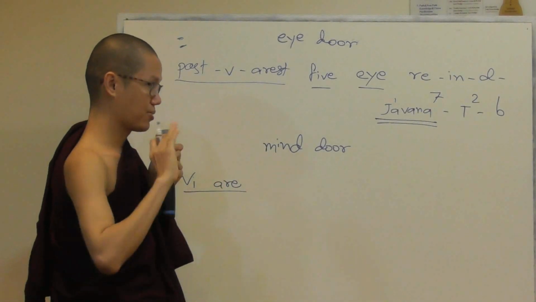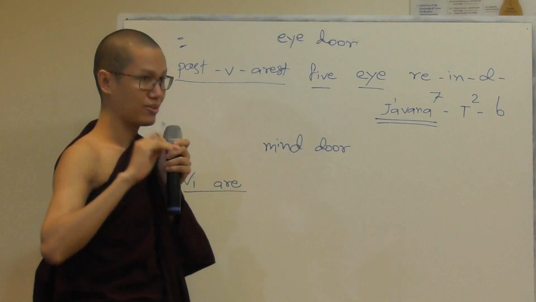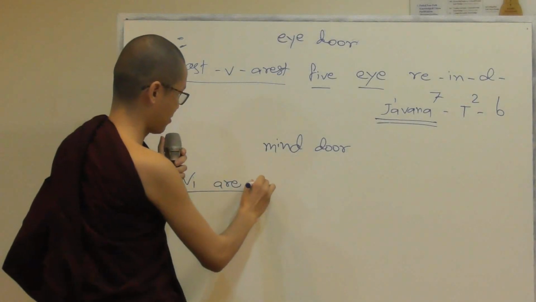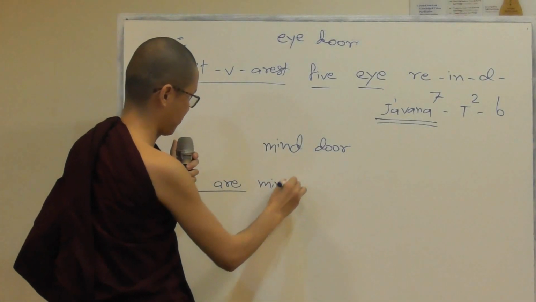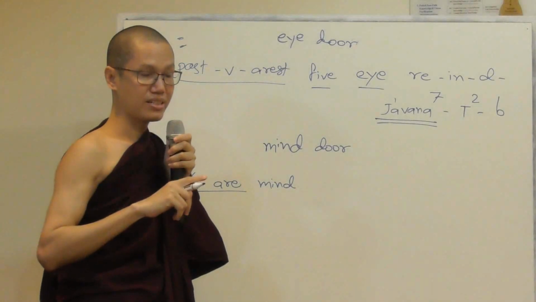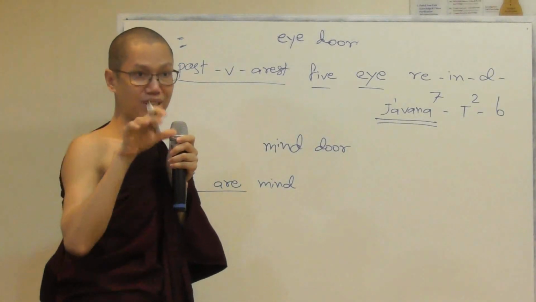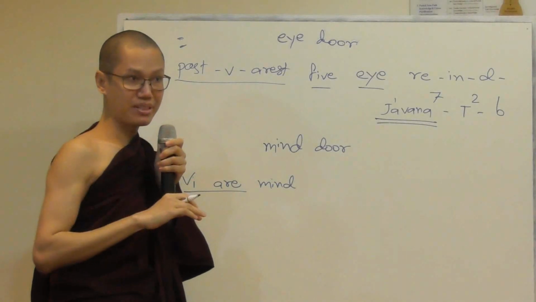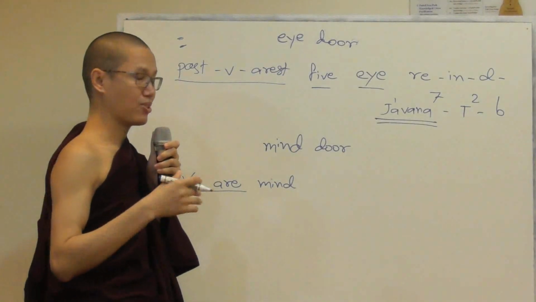After that, we try to use the mind door to think something. It is the mind door adverting consciousness. Mind door adverting is where you turn towards something. Now you are sitting here, and you can think about everything in the world. You can think about your home.